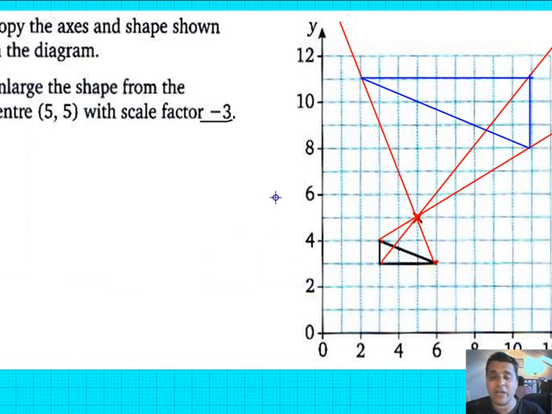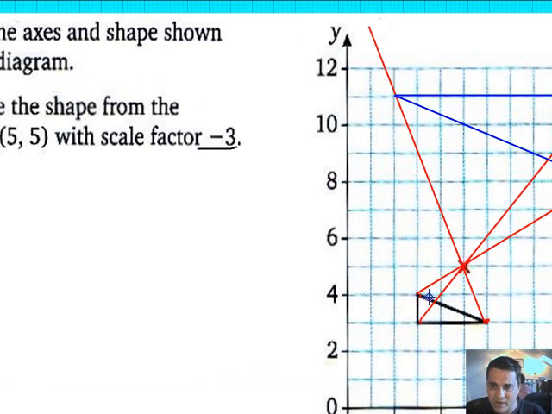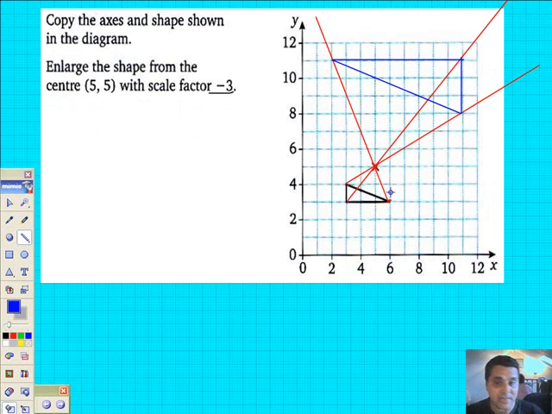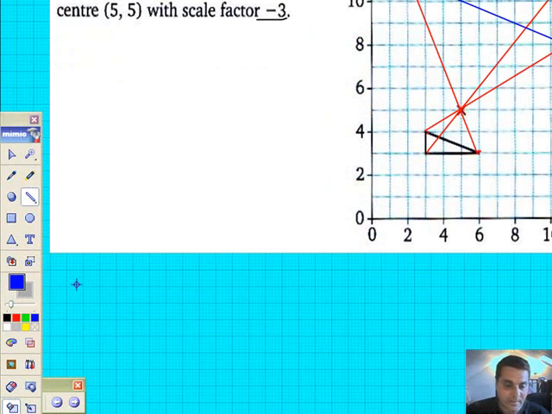And so naturally the shape will flip. It appears like it's rotated as well as enlarged, but don't mix the two up. It looks like it's spun around, clockwise, by about 180 degrees and enlarged itself. That's not the case. It's an enlargement by a negative scale factor of 3, or in other words, scale factor -3, and the centre is 5, 5. And that's how they look, alright? And that's all I want to say about that one.